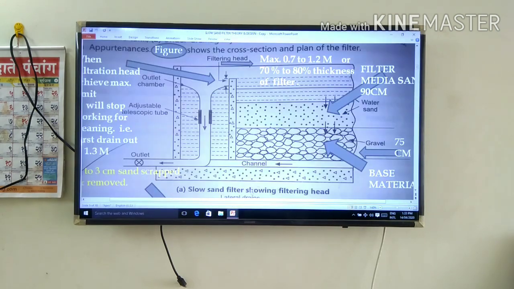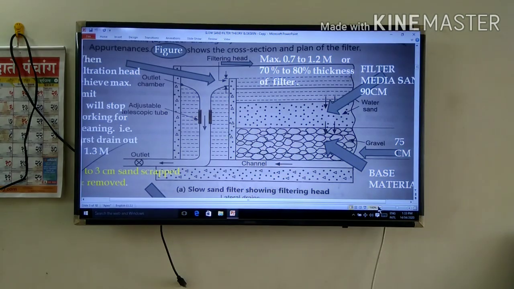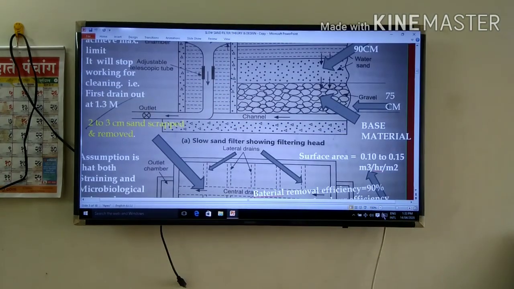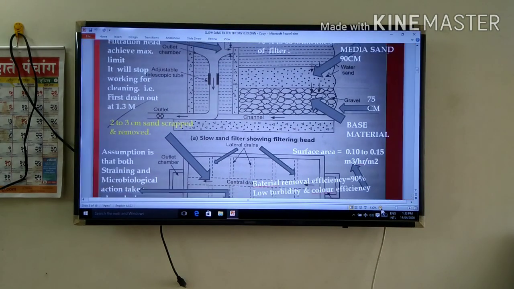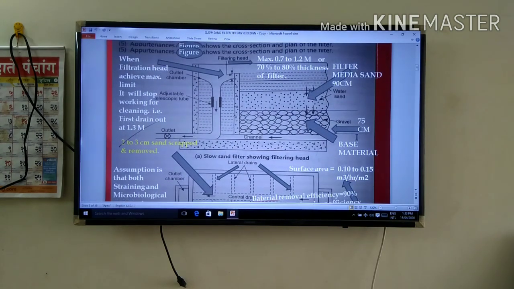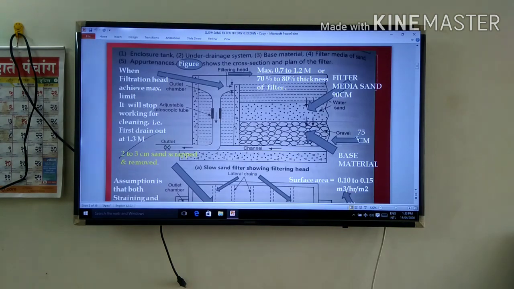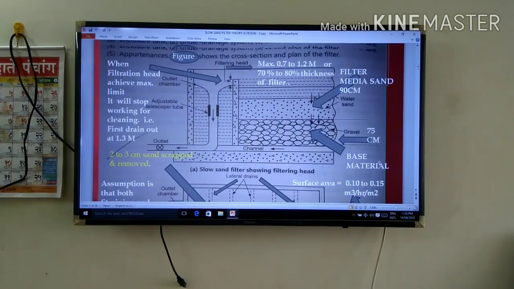See in the figure. Above it, the filtering head is provided. That means the filtering head is 1.2 meter above.